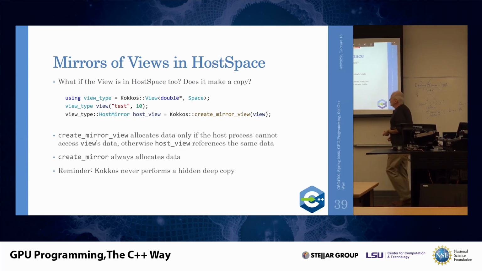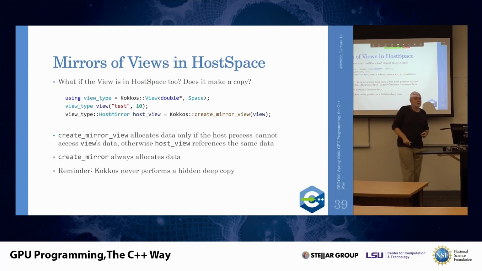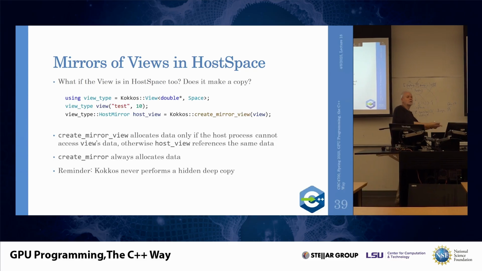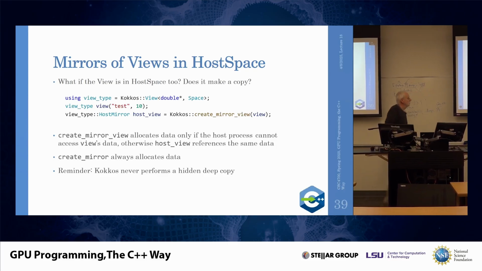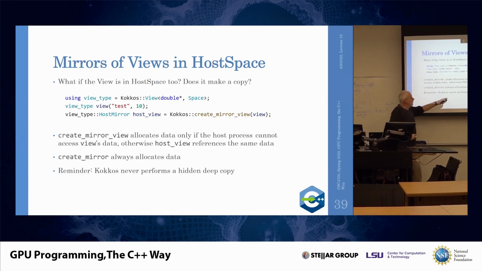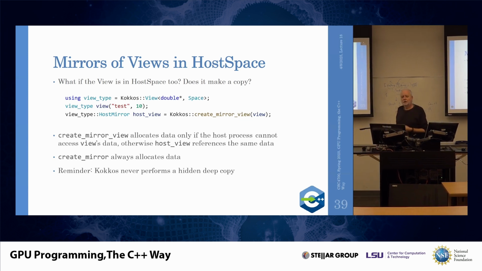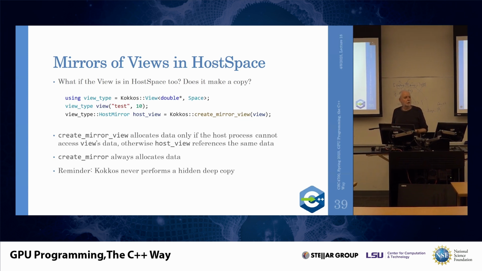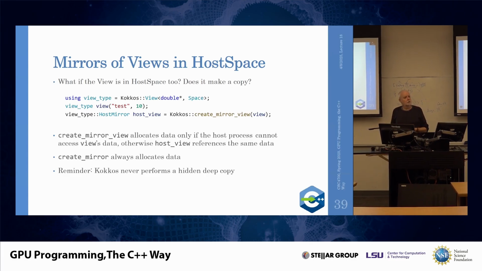But if I want to copy and allocate new data, I can use create mirror instead of create mirror view, which will always allocate new memory, and then I can do whatever I need to do with it. However, Kokkos never performs hidden deep copies, so you always have to do the deep copies yourself. All it does, it allocates memory for you on the appropriate space, but putting the data there is something you have to do.